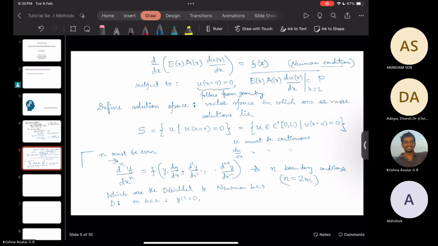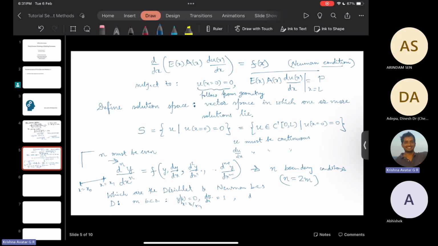Likewise, the derivative of y at some point is given some value, and it must always be at either the right or the left end. Since this is a one-dimensional problem, the only independent variable is x, so it will go from x naught to x1. So this y could be at x equal to x naught or x equal to x1.